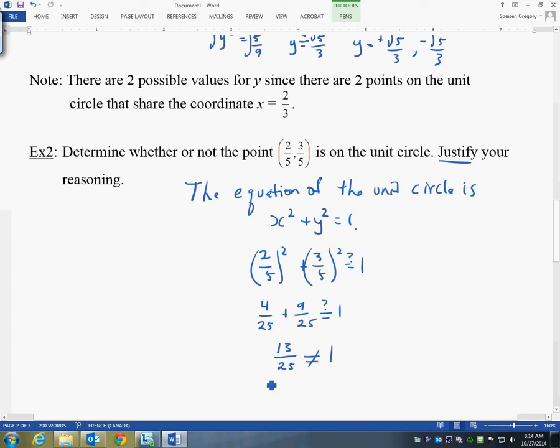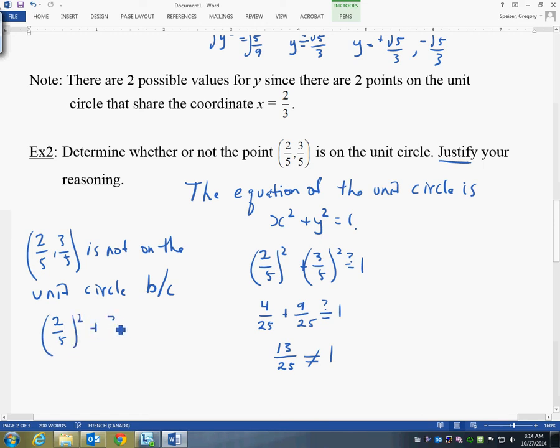I could say 2/5, 3/5, this ordered pair is not on the unit circle, maybe because, short for because, 2/5 squared plus 3/5 squared is not equal to 1.